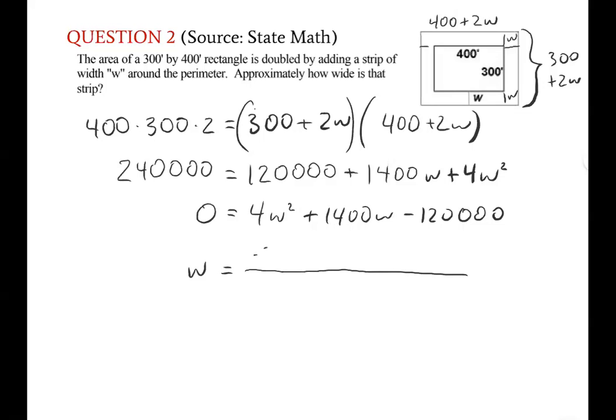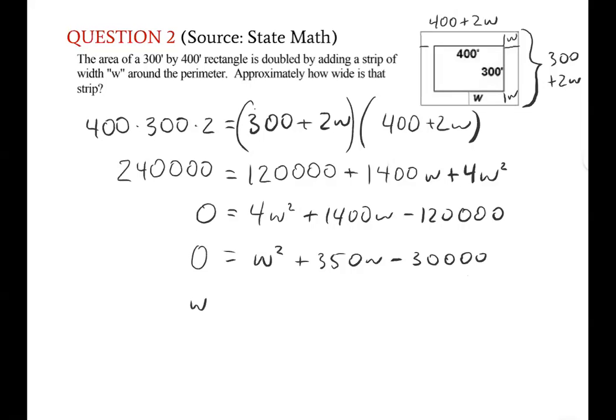Actually, let's first divide this equation by 4. That will make things easier. We'll get w squared plus 350w minus 30,000.